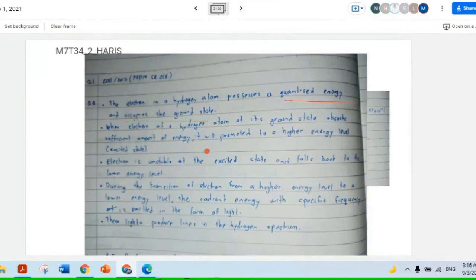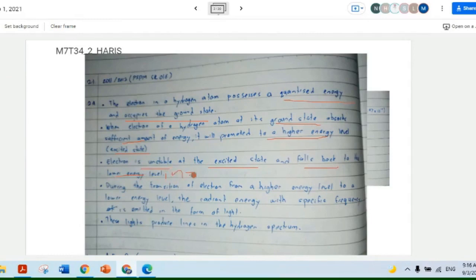Okay, good. Then: when the electron of hydrogen atom at its ground state absorbs a sufficient amount of energy, it will convert to a higher energy level or excited state. The electron is unstable at the excited state and falls back to the lower energy level, which is n equals to 1. Yes, very good. You have to add which is n equal to 1.